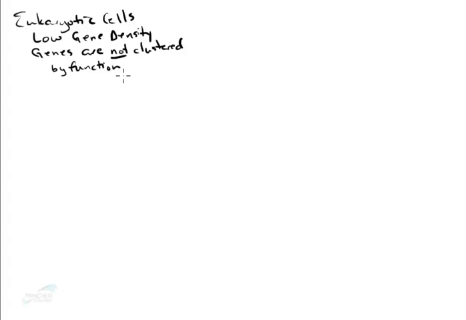What we would find is low gene density, and I'll explain what that means in just a moment, and we would also see that genes are, in general, not clustered together by function, and as a result, are not regulated as one unit. In fact, they're independently regulated. So each gene is regulated as a distinct unit.